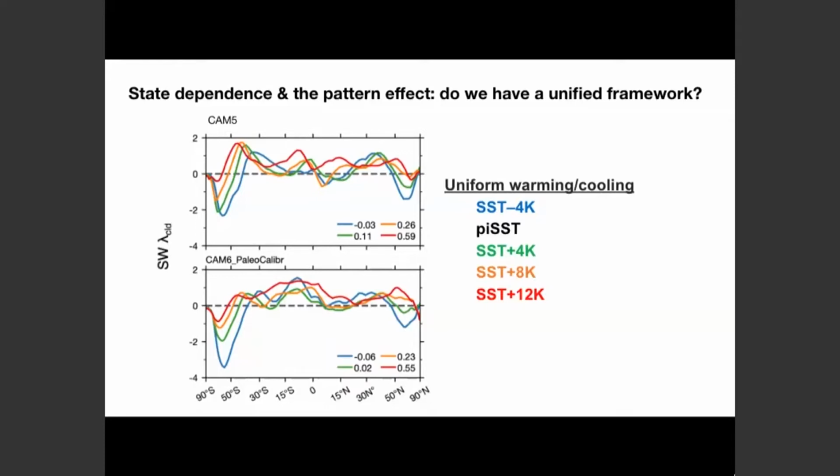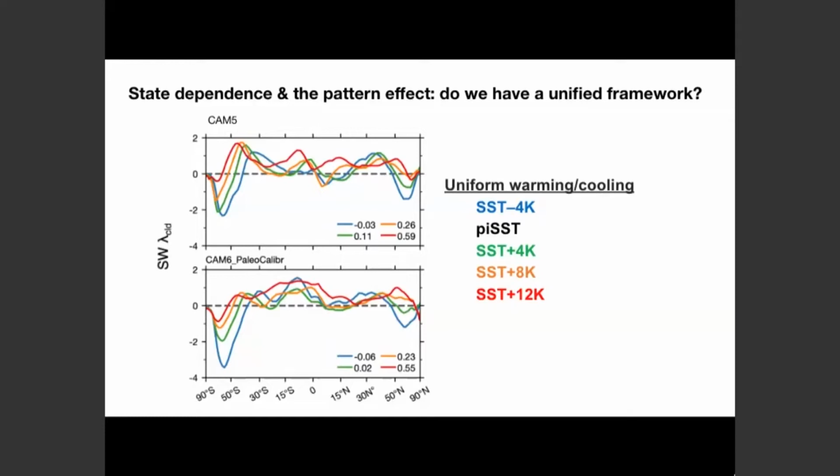Here, I'm plotting the zonal mean shortwave cloud feedback in very simple perturbed SST simulations. I apply uniform warming or cooling everywhere. It's very simple to do. Blue is a 4-degree cooling, and green is a 4-degree warming, then 8 and 12.